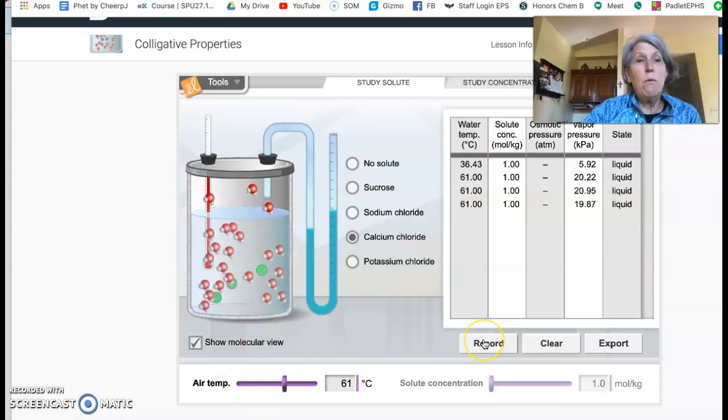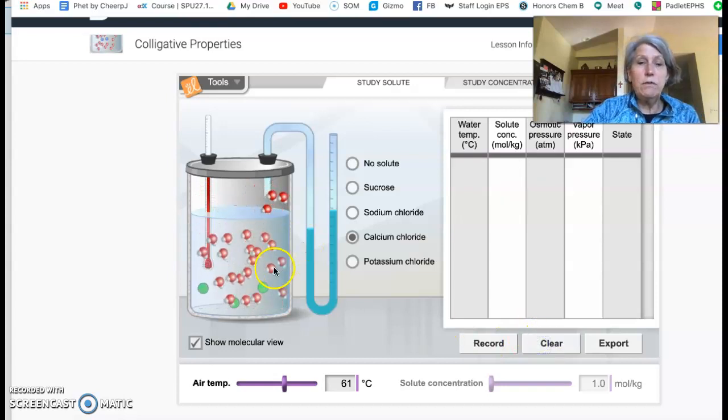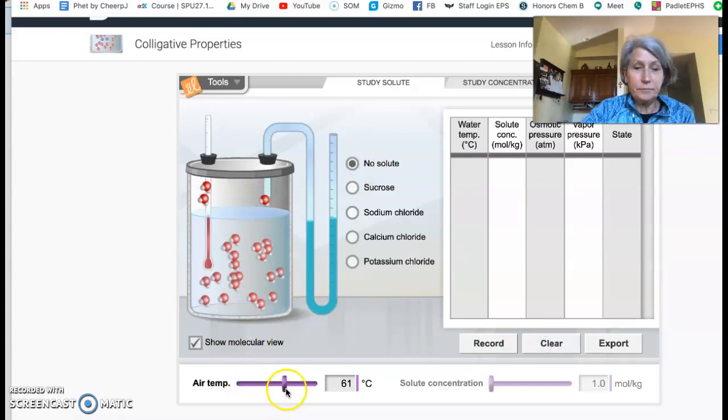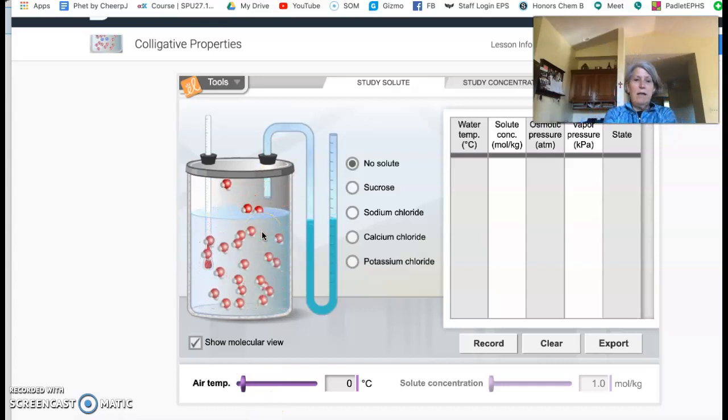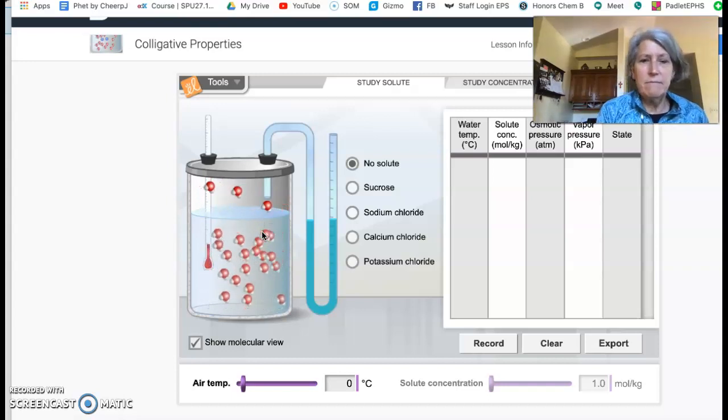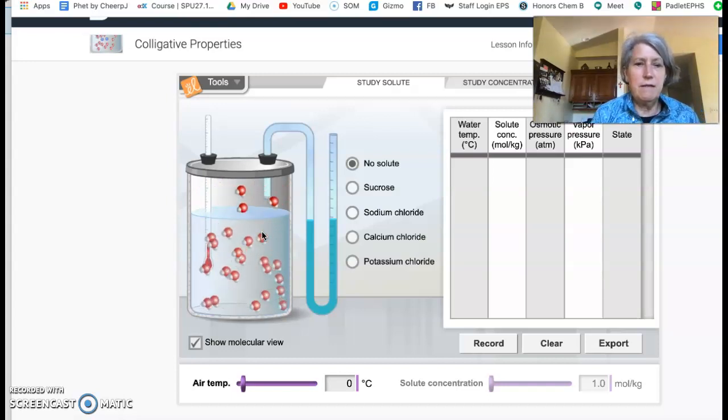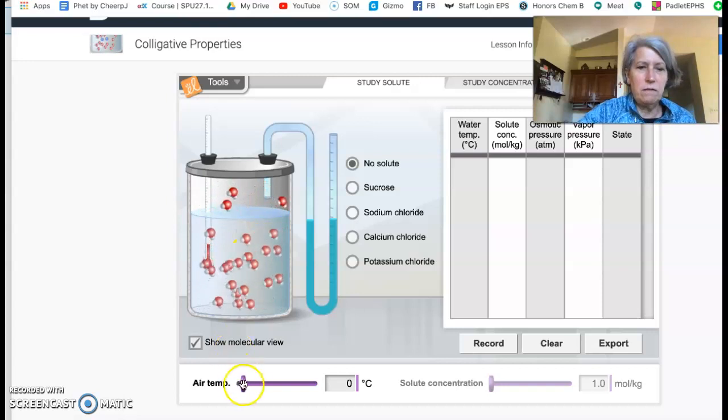Okay, so now what happens if we were to look at freezing? So we all know that water freezes at 0 degrees C. So here we go. We're going to put our water molecules here, and they will eventually slow down, hopefully. Yeah, maybe I might have to go just a little bit below.